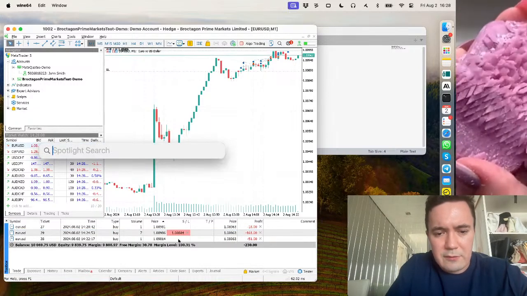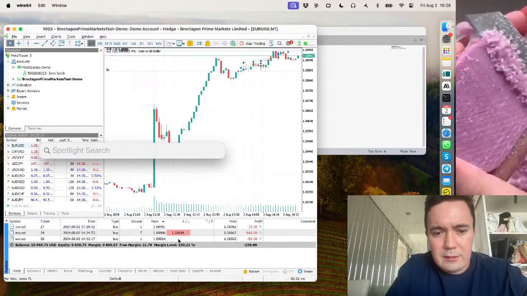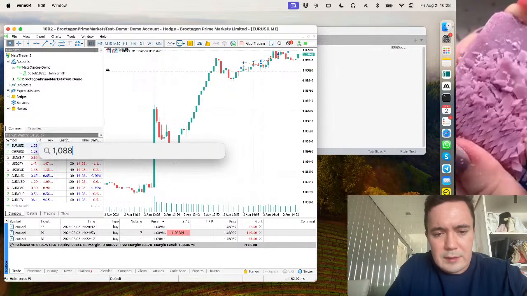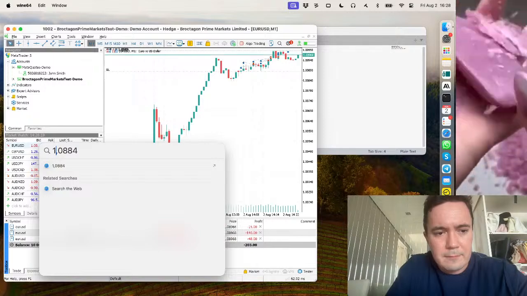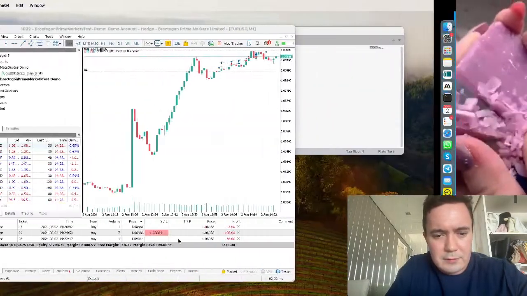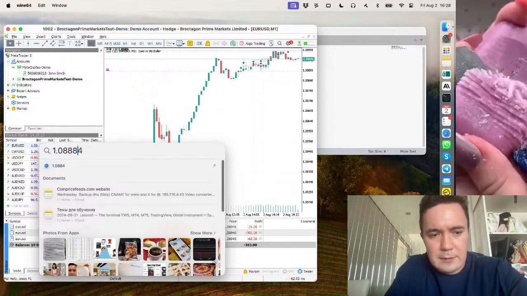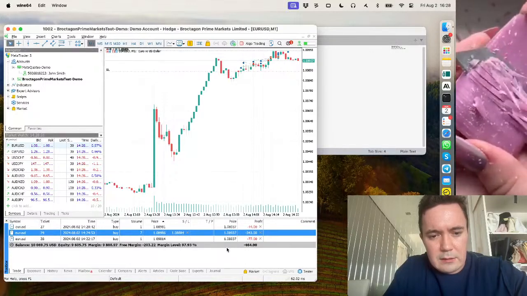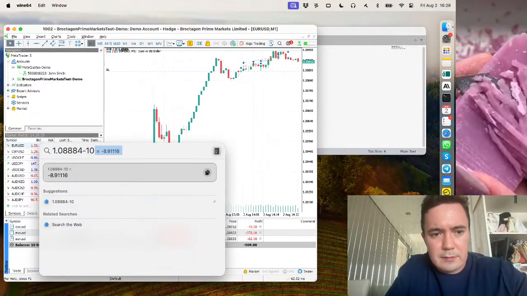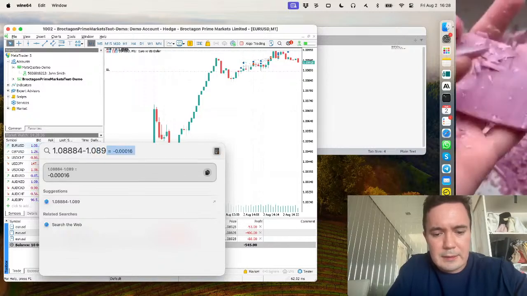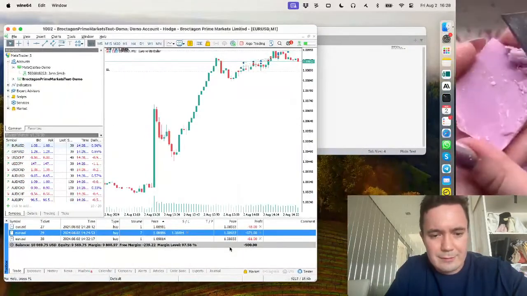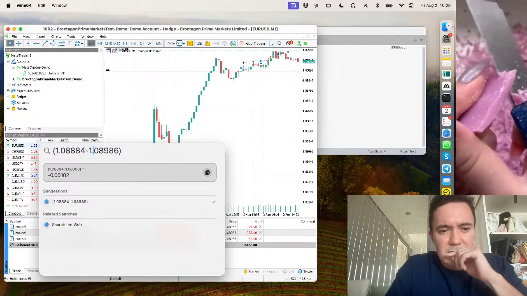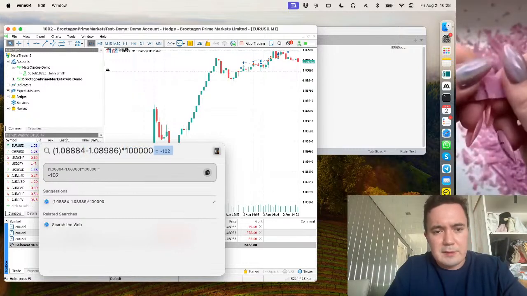If we go to this level, it's 8.4, minus 8,986 1 9 86, by 100,000 euros.